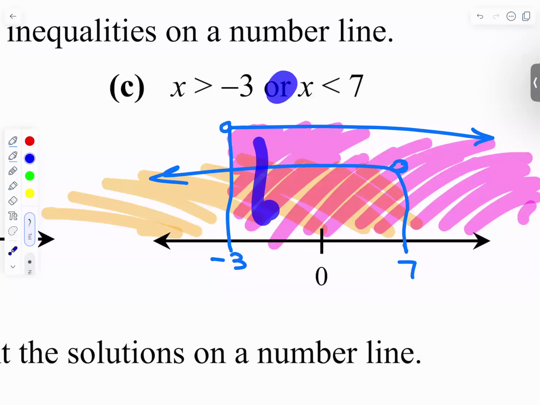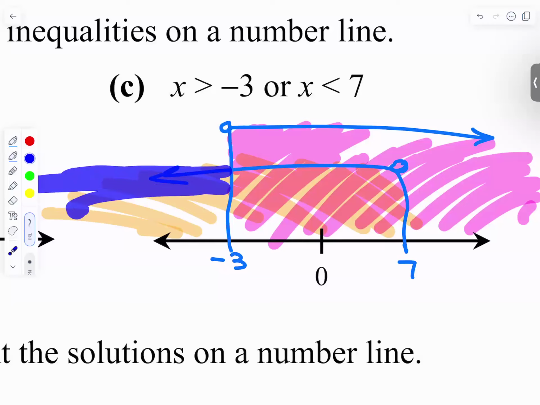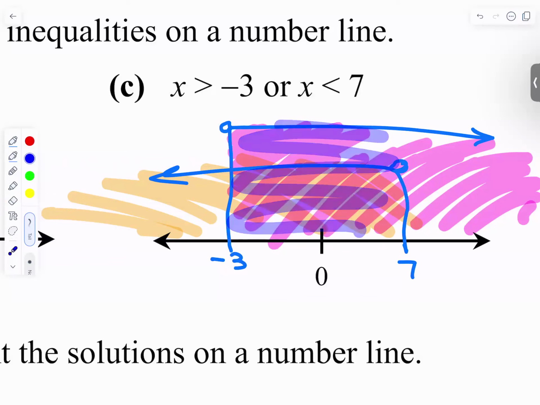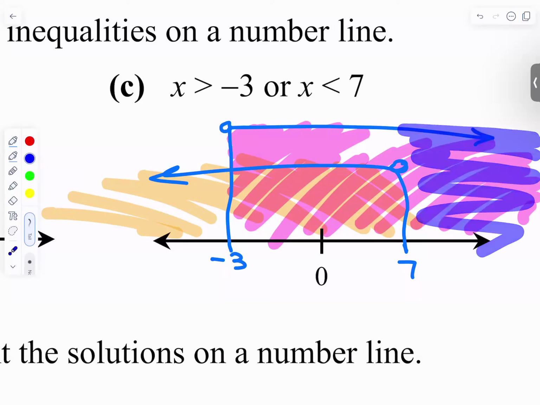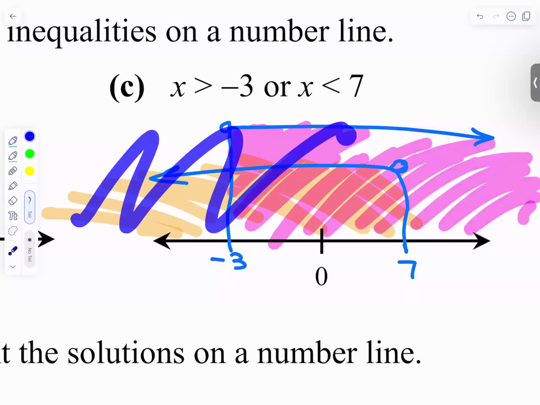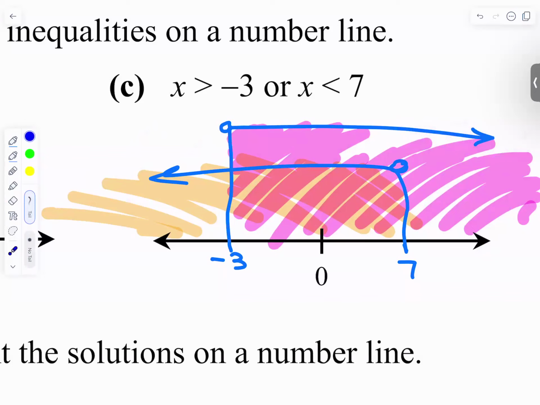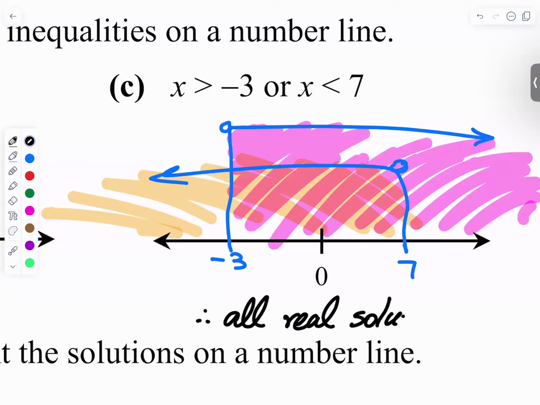If it was the AND case, of course they're only meeting between this and this, but it's the OR, so even at least one. Does this part have at least one? Yes. Does this part have at least one? Also yes. Does this part have at least one? Also yes. Everywhere is having at least one. Then what is the answer? The answer will be all real solutions of x.